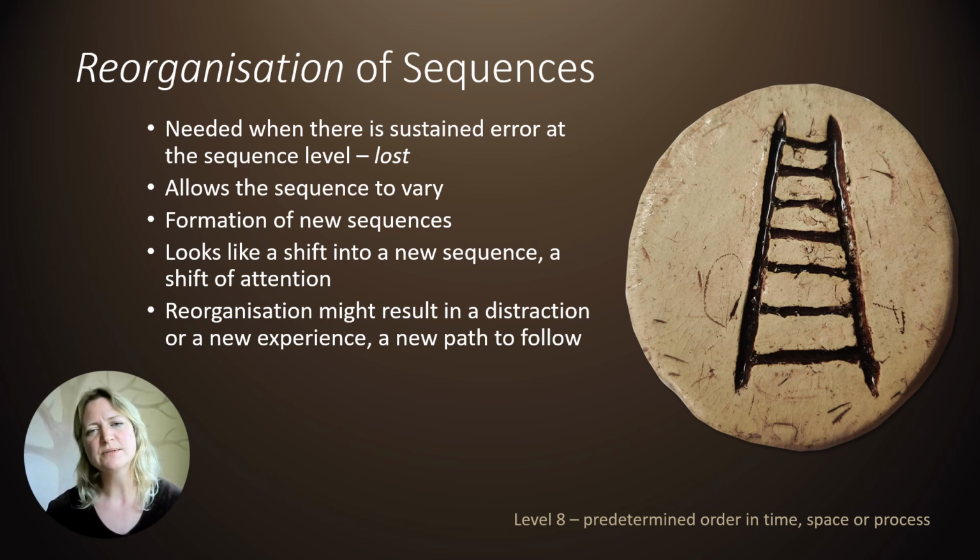Reorganization allows the sequence level itself to vary, and this creates new sequences. This process of reorganization looks like a random shift into a new sequence, which is like a shift of attention. And reorganization might result in a distraction or in a new experience, a new path to follow.